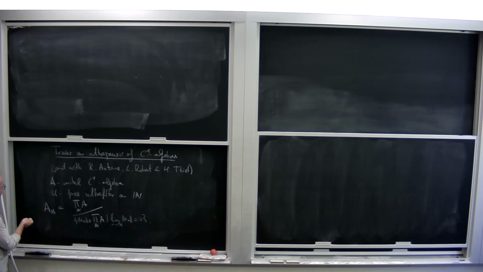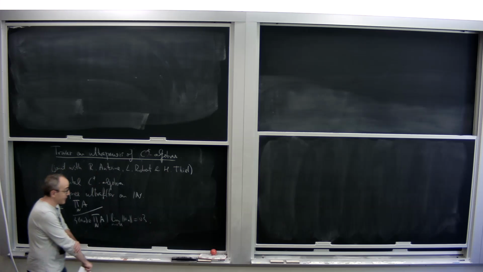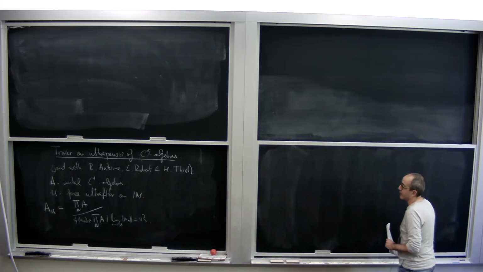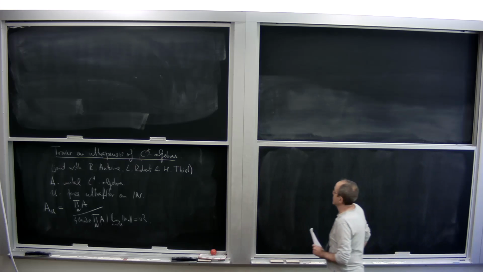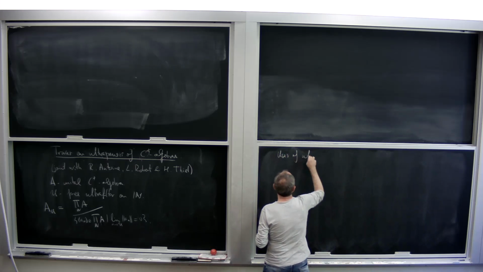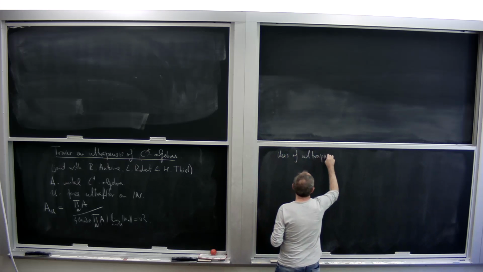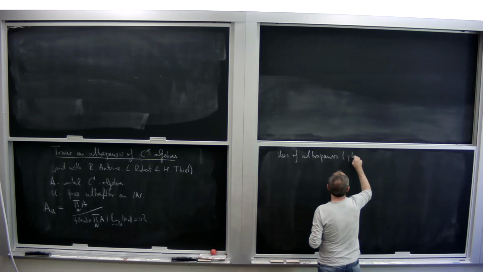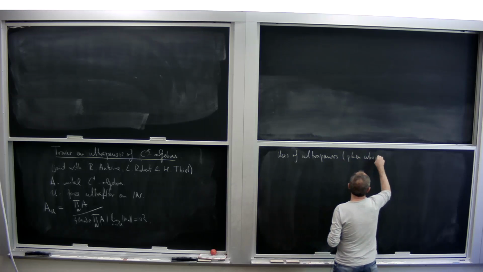And well, why do we care about this? Well, it's a nice object and it appears in various places. So I will just mention some uses of ultrapowers, places where it appears more or less naturally.